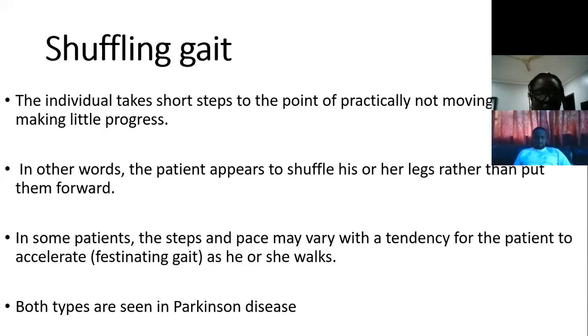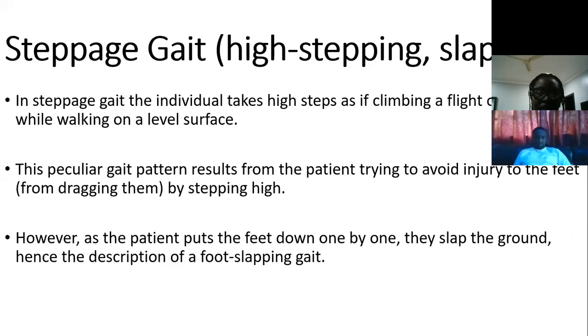High steppage gait or slapping gait is usually caused by foot drop, which is caused by paralysis of the nerves that supply the muscles of the ankle and then the leg. So you realize that the patient naturally, when they lift their leg, the foot drops.